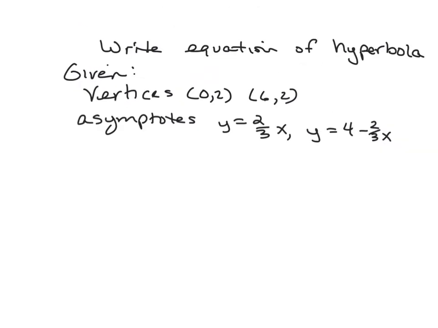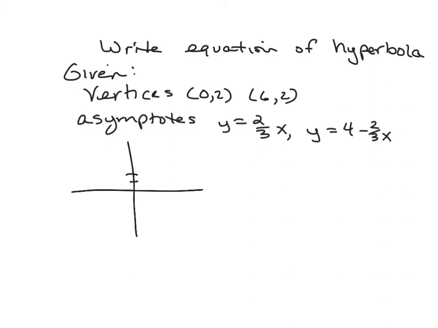So let me show you another example. I've already got the example written down. I'm going to be writing an equation of a hyperbola given the vertices and also given an asymptote. Let me give myself a visual so I can see if my graph is horizontal or vertical.